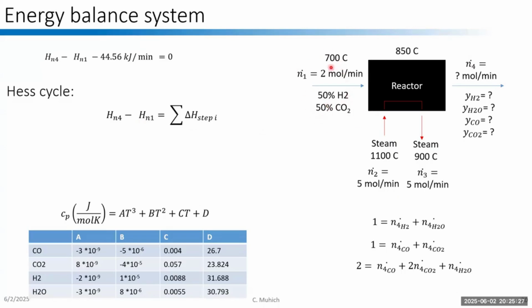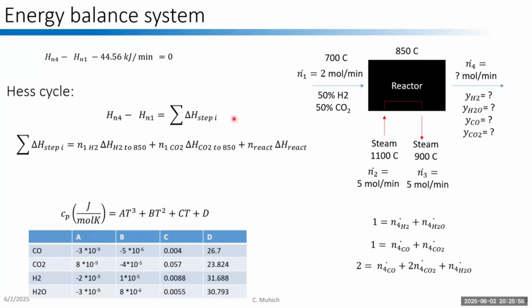Well, this stream needs to be heated from 700 to 850, and then I need to undergo a chemical reaction. Note that it doesn't matter if there's a chemical reaction and then I heat, or it heats up a little bit, then reacts, and then heats up again, right? I'm path independent.